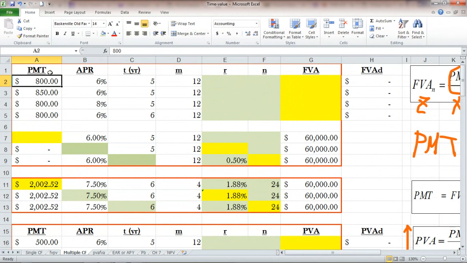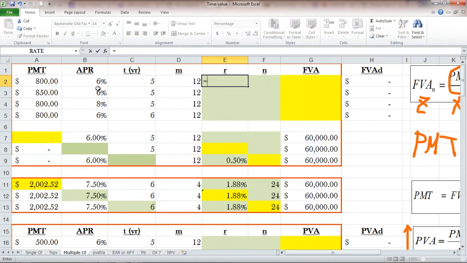So first, this is exactly our scenario, isn't that right? This is our graduate school example. You make $800 deposit every month. Currently, the interest rate is 6%. Your timeline is 5 years. Compounding is monthly. We first need to find the periodic rate and n, the actual number of compounding.